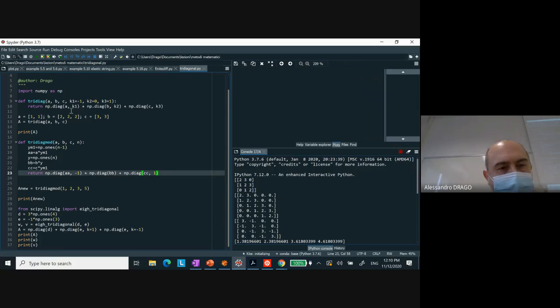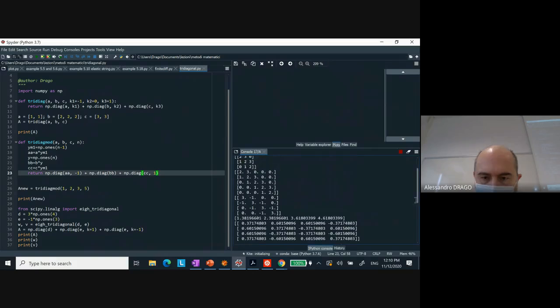So let's recall what we want to see. Look at the examples here. Look, for instance, at the last example, this one here. So we want to build something like this. This object, for instance, on the main diagonal is 3, 3, 3, 3, and there's -1, -1, -1 on the upper diagonal, same on the lower diagonal.